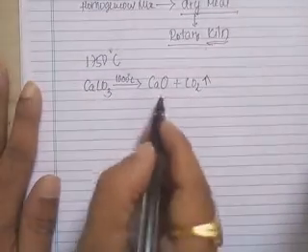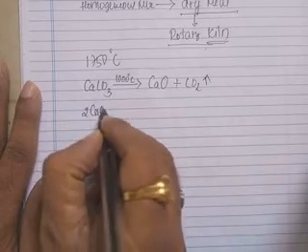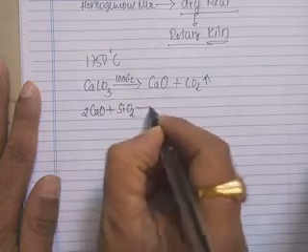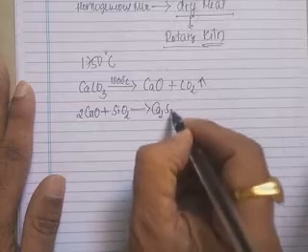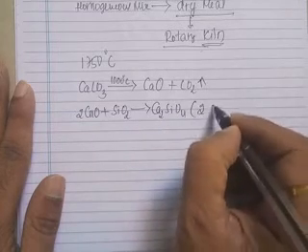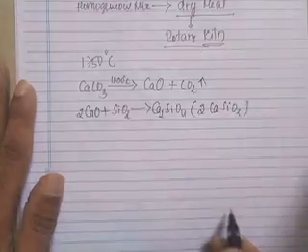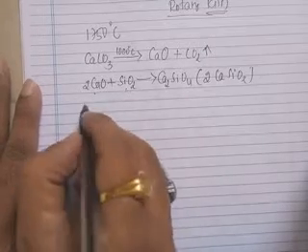Two moles of this calcium oxide combine with the clay to form Ca2SiO4, or you can write it as 2CaO.SiO2.